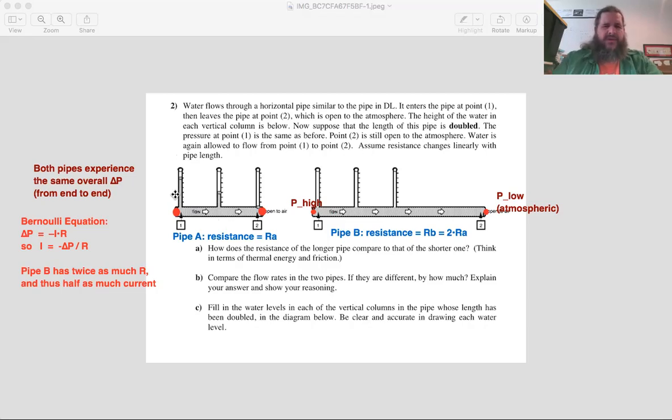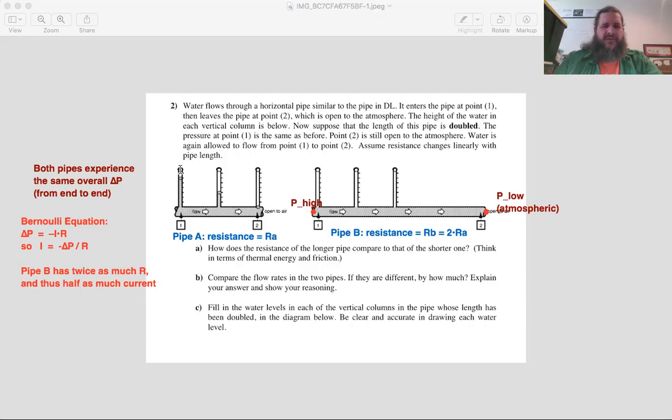So if we start with, it looks like it gives us the pressure levels at pipe A. And instead of writing those in terms of pascals, we could basically treat tick marks in the standpipe column as a de facto measurement of pressure.